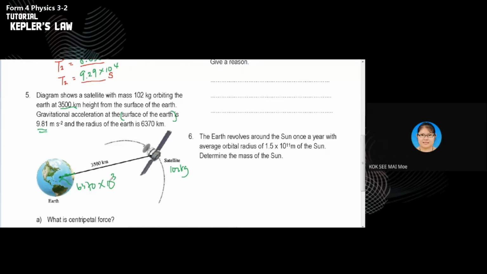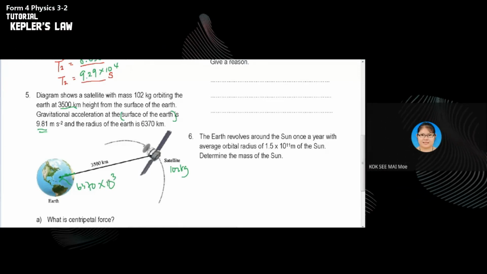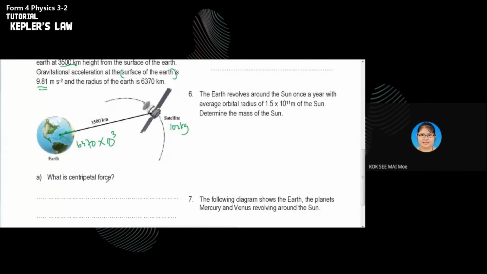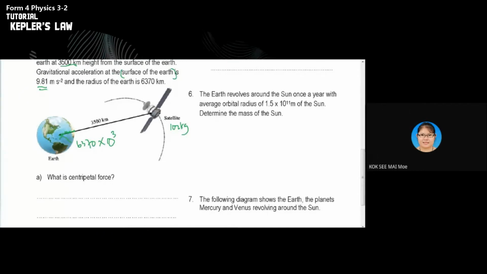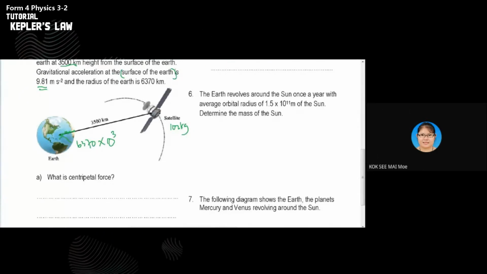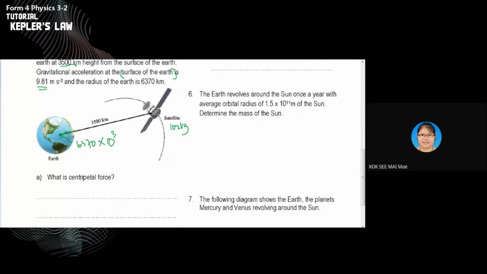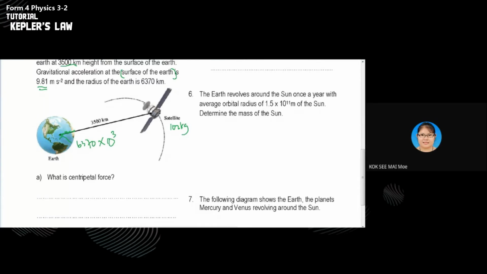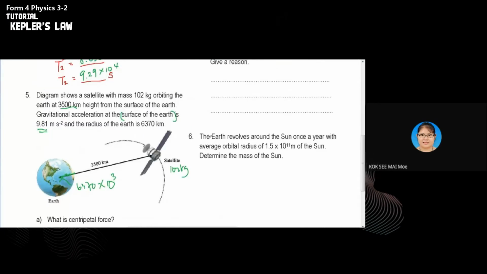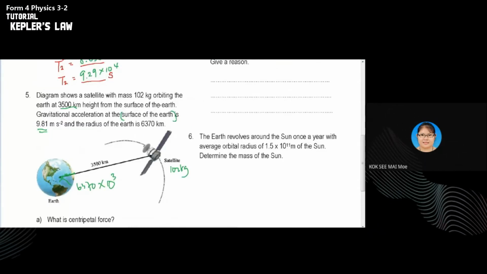Okay, now, what is a centripetal force? What is the meaning of centripetal force? Can you find out? Aiyo, if I wait like this, I think until 11 also cannot finish the lesson.